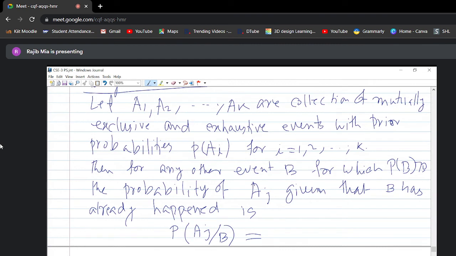Suppose we have K events A1, A2 up to AK. These are mutually exclusive and exhaustive events with prior probabilities, probability of AI, which will be known in advance.